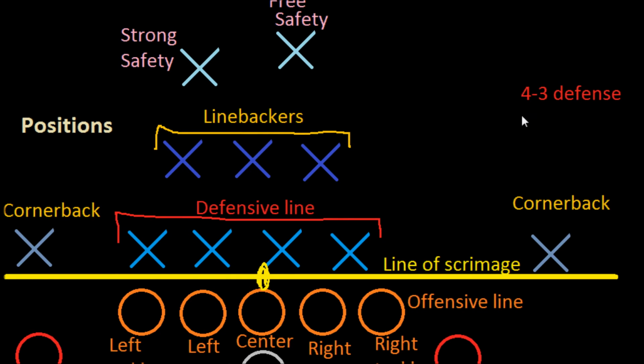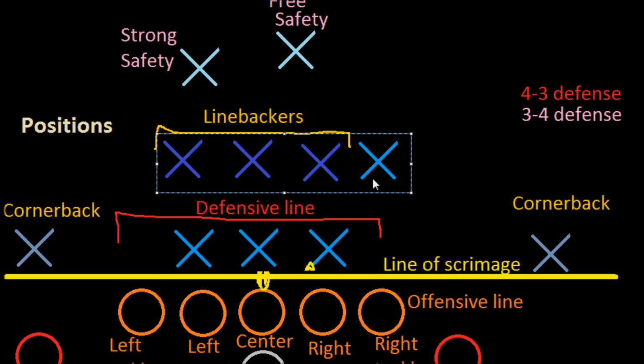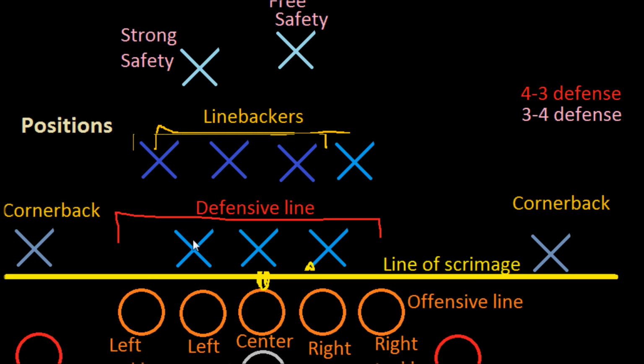The other common way that you might see guys line up instead of a 4-3 is a 3-4 defense, which would simply mean that one of the linemen will actually move back, and so you will have 3 linemen, and they would move over in the middle there, and then you would have 4 linebackers, so that would be the 3-4 defense then. And really these guys can stand wherever they want.